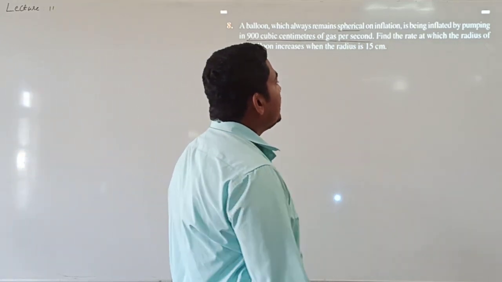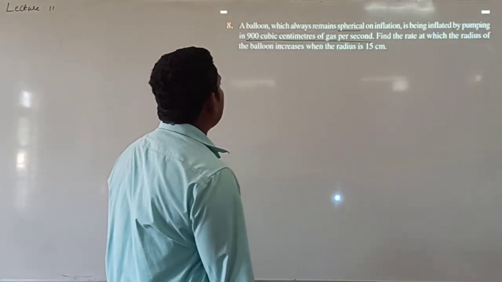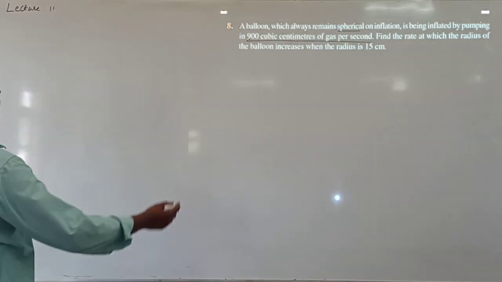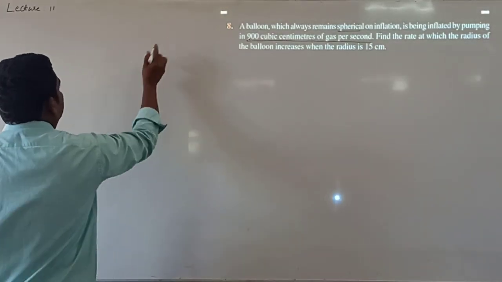Find the rate at which the radius of the balloon is increasing when the radius is 15 centimeter.